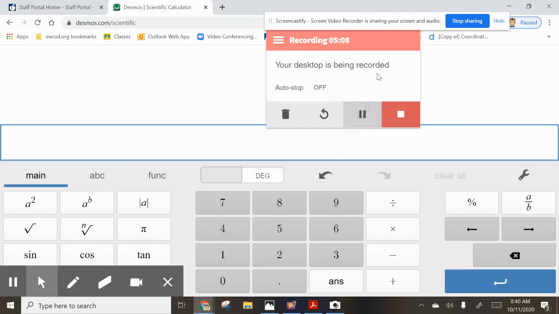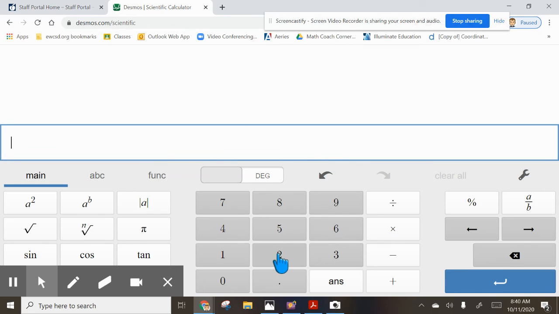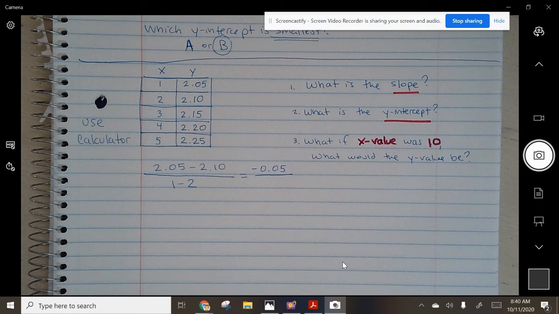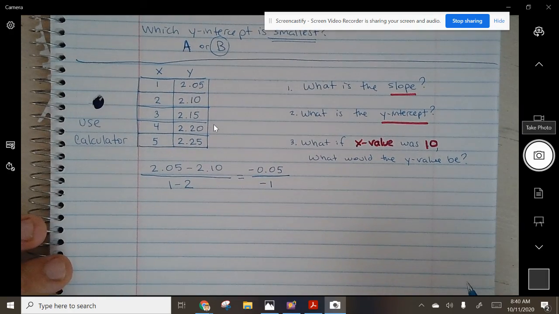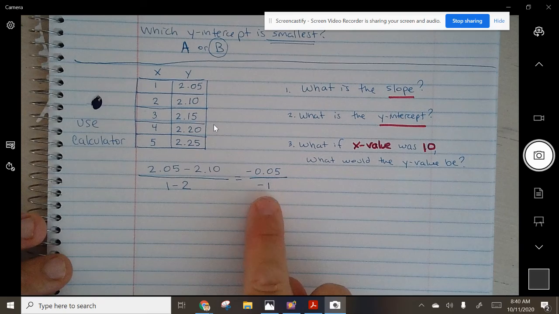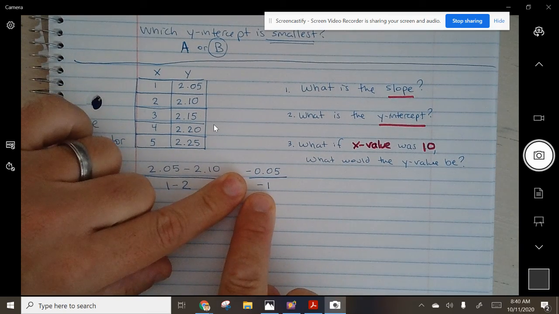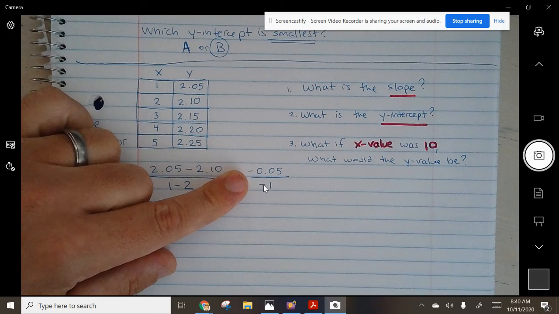If I go ahead and go to my calculator, move this out of the way, I'm going to go y minus y, 2.05 minus 2.10, and I get negative 0.05, and then, let's go back here, 1 minus 2, that's just negative 1. Okay, so anytime something's over negative 1 or 1, these two negatives are going to cancel out, right? That just makes it a positive.